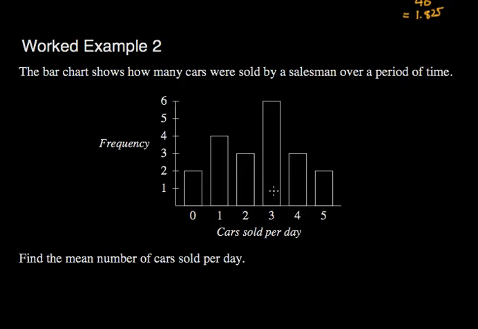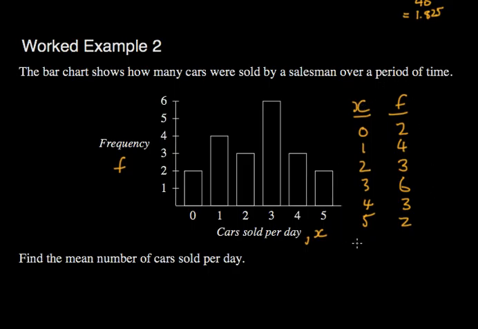Now we could write all of this again in a table, and if I were to do that, the number of cars sold per day I will call X, and the frequency I will call F. Then I will get my column again, F and X here, and X goes 0, 1, 2, 3, 4, 5, and my frequency goes 2, 4, 3, 6, 3, and 2.